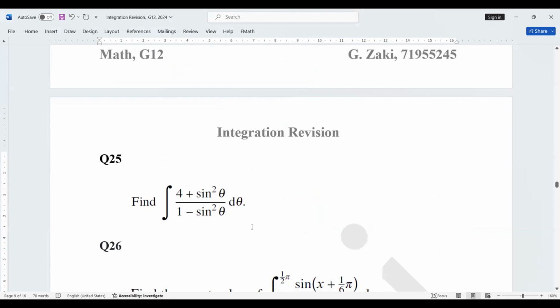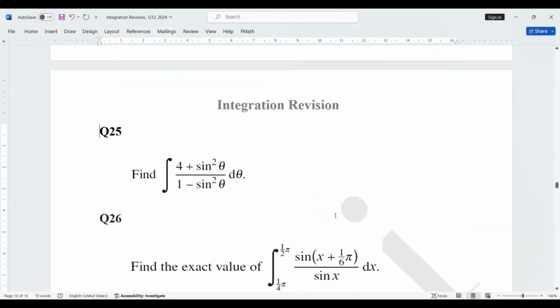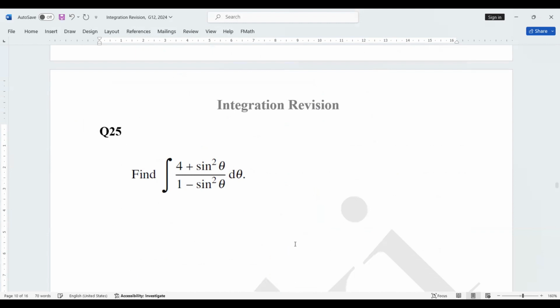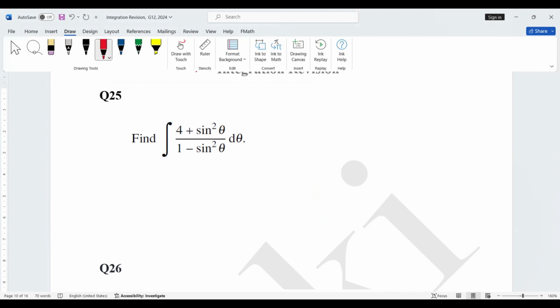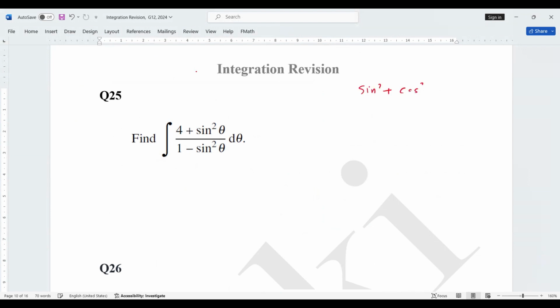Now, what about question number 25? Think of it, please. Think of question number 25. Okay. Remember the formula in trigonometry? Sine squared plus cosine squared equals 1.